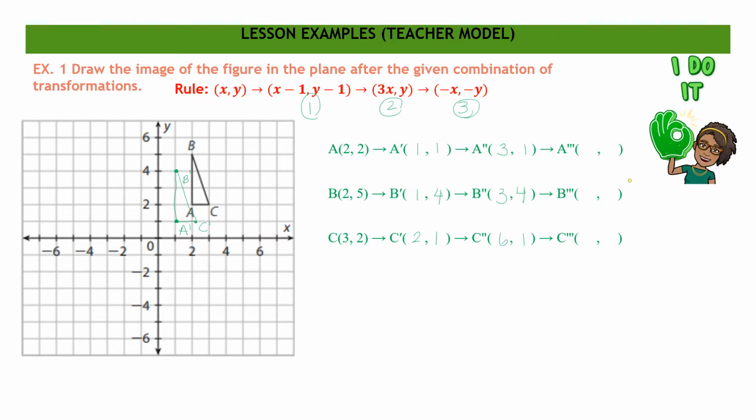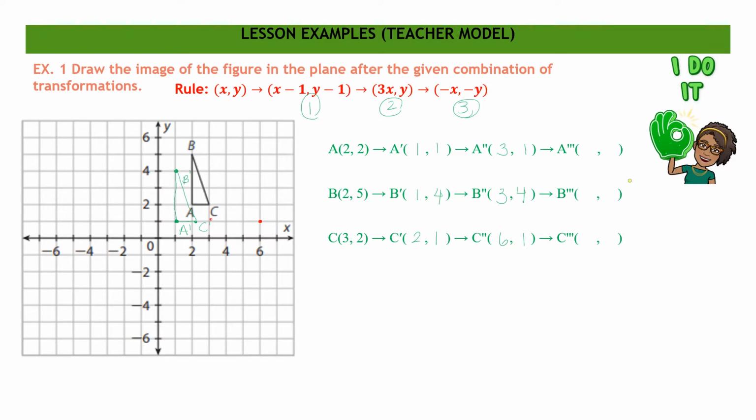Let's do this in a different color. We have A double prime at (3, 1), so that would be here. B double prime at (3, 4), so that would be here. And C double prime at (6, 1), so that would be here.